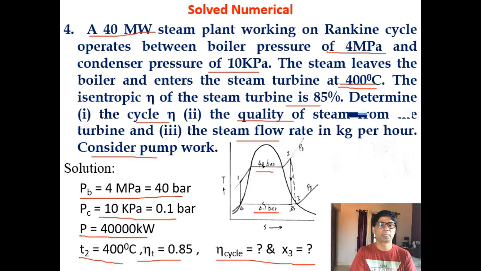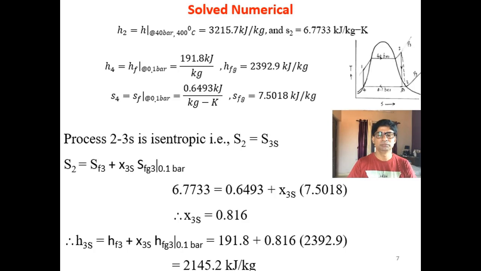Now let us note down the enthalpy at various points. First, the enthalpy and entropy at point 2. Where is point 2? Point 2 is on the 40 bar line and the temperature at 2 is 400 degrees Celsius. You can check steam table A1.